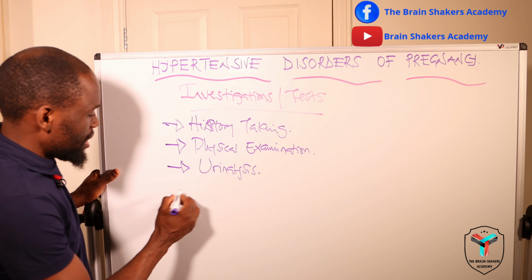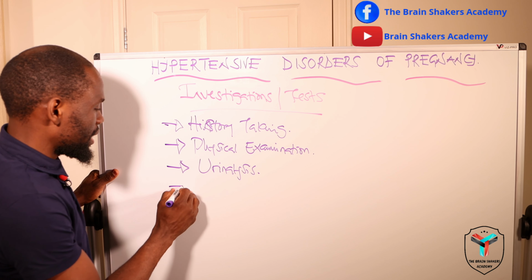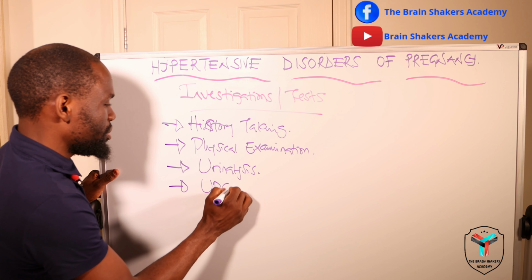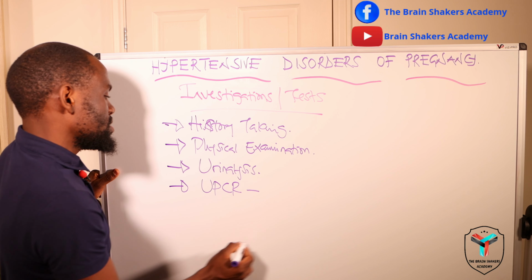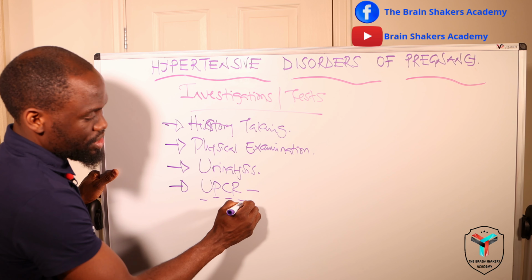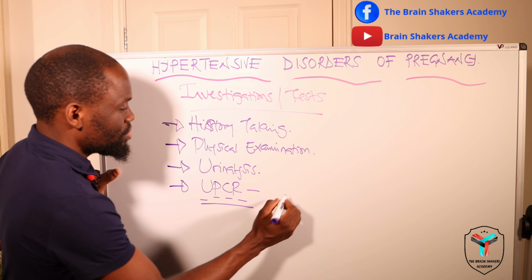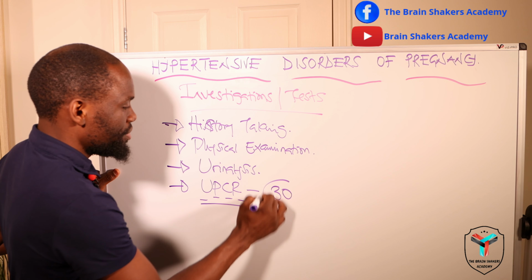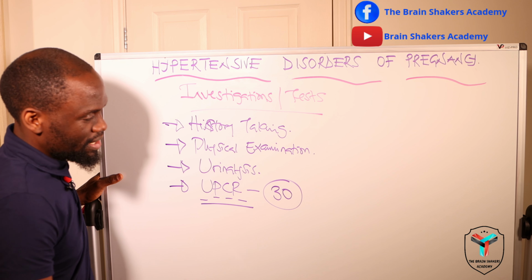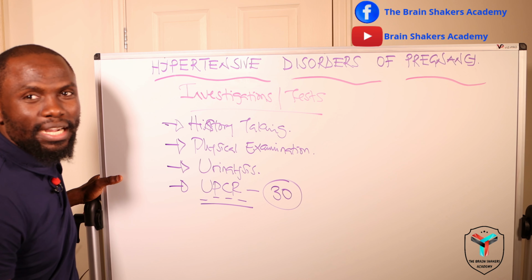Another test that you can do, whilst we are still talking about urinalysis here, is a test that we call a UPCR, which is just basically urine protein creatinine ratio. So as you look at this, you don't want anything above 30, because if you have anything above 30 here, then it means that you're already dealing with a preeclampsia.